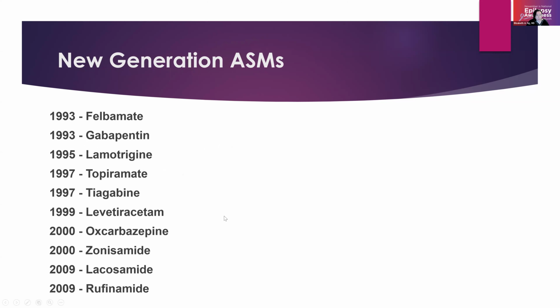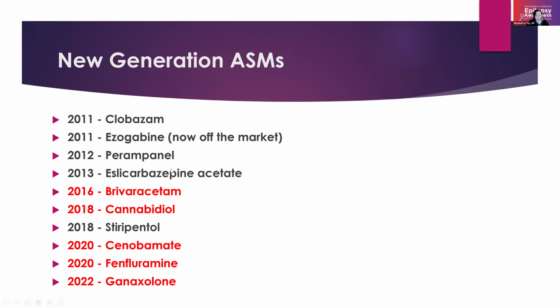These are the newer generation ASMs that were developed in the 1990s and the early 2000s, like felbamate, topiramate, zonisamide, lacosamide, rufinamide. And you see here clobazam, and in 2016 brivaracetam was developed, and 2018 CBD, and the newer ones that were developed in the 2020s, like cenobamate and fenfluramine, and you see ganaxolone developed in 2022.